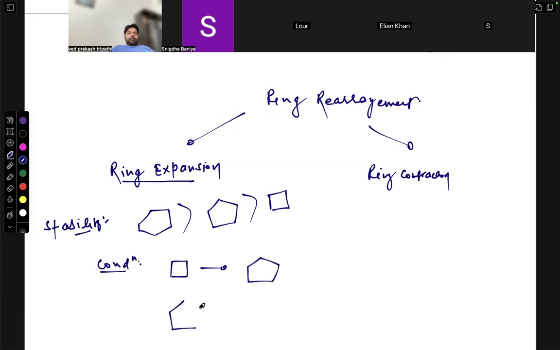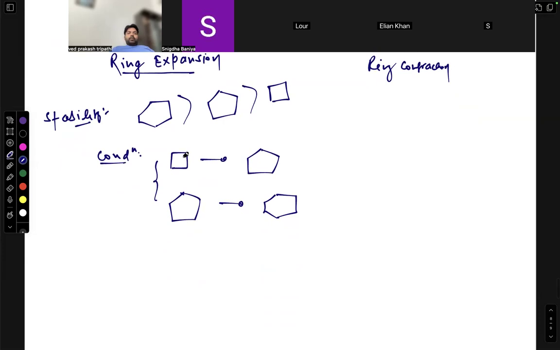And if you have a 5-member ring, it can become 6. Generally, these two cases are the most common one. So it would be 4 to 5 and 5 to 6. What is the condition here? So ring outer carbon must be positively charged. Ring outer carbon, the very first carbon which is bonded to the ring, that should have a positive charge. Then the ring expansion can take place.